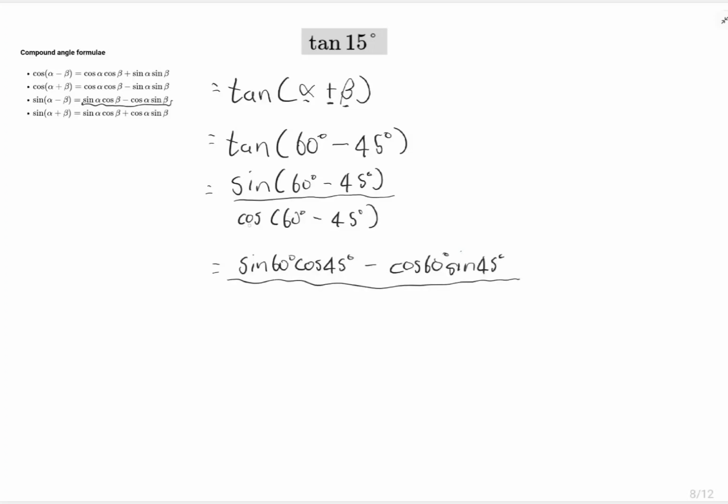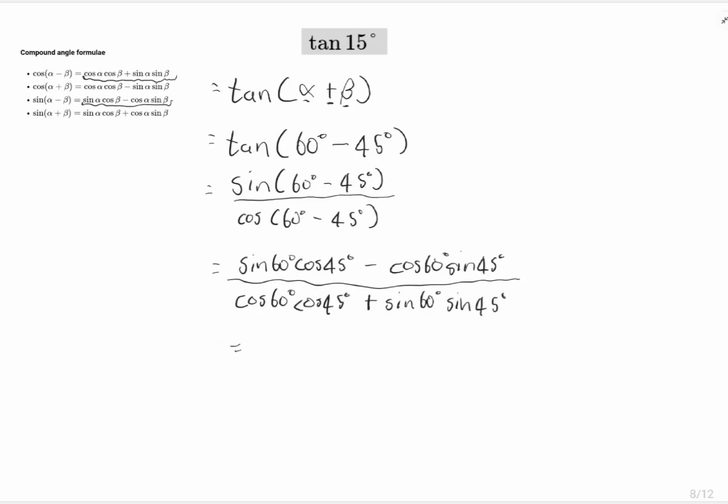Same procedure down below, but with cos: cos of angle minus angle, so we're also going to use this form. It's going to be cos 60 degrees cos 45 degrees plus sine 60 degrees sine 45 degrees.